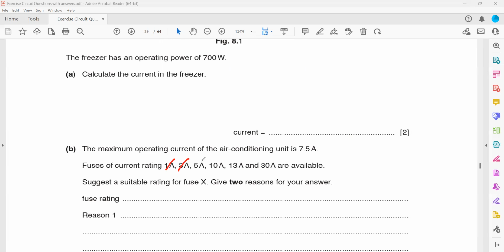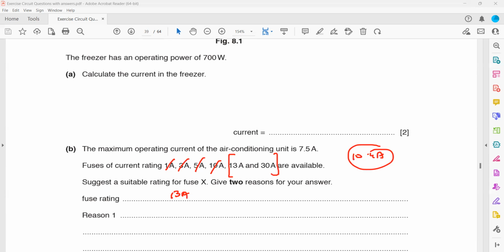Why are they not valid? Because the maximum current we need is 10.4 ampere. If I select a 1 ampere fuse, it will melt, 3 ampere will melt, 5 will melt, 10 will melt. So we are left with two options, 13 or 30. Which one should I select? I should select 13 ampere, because 30 will be too large.